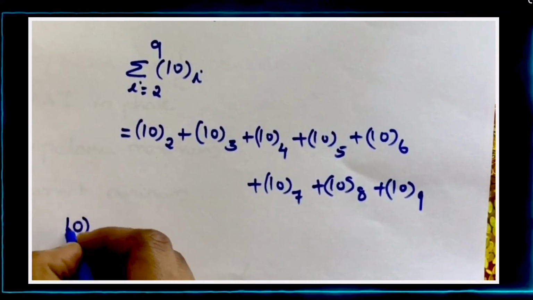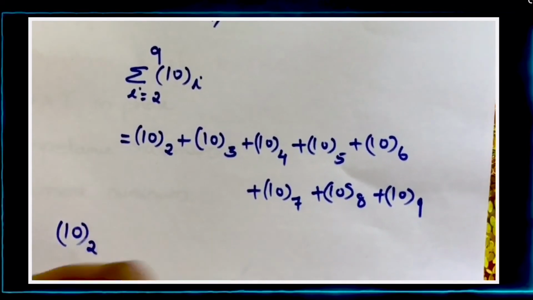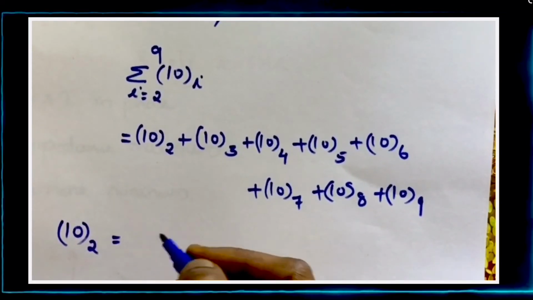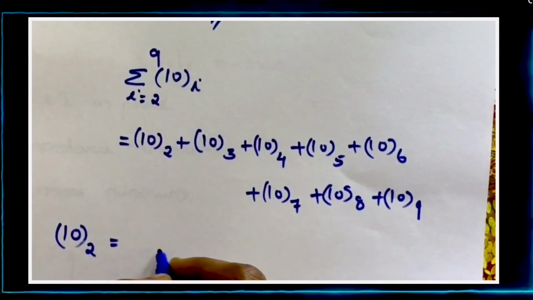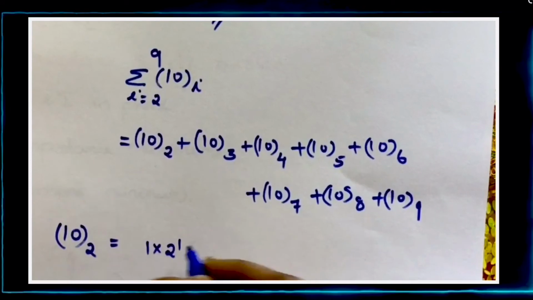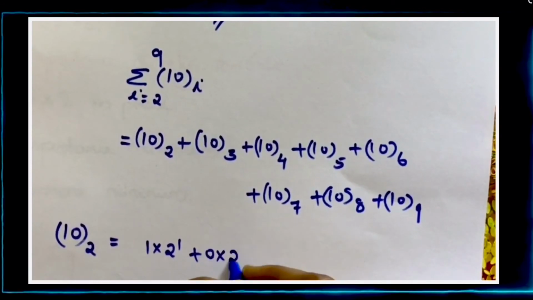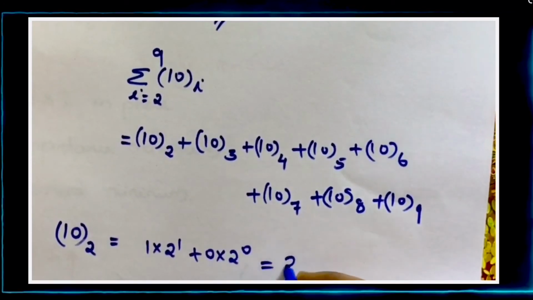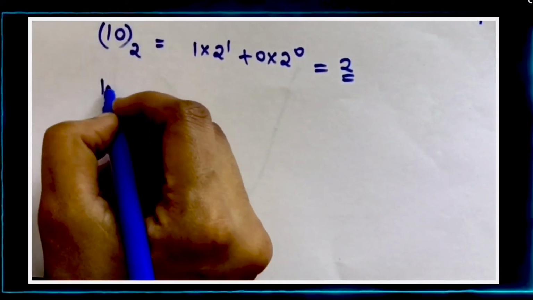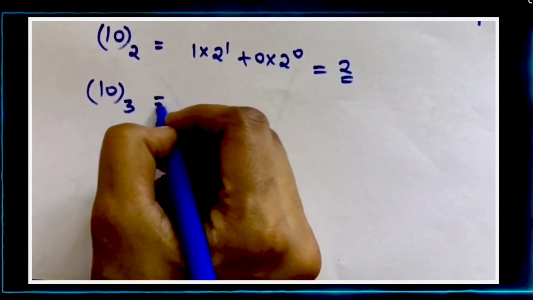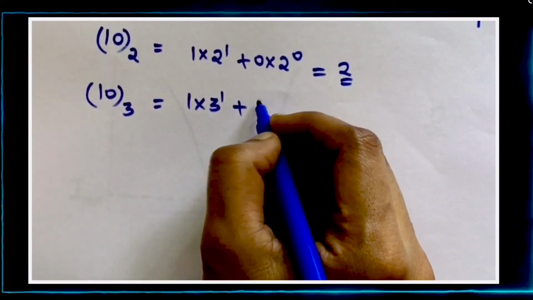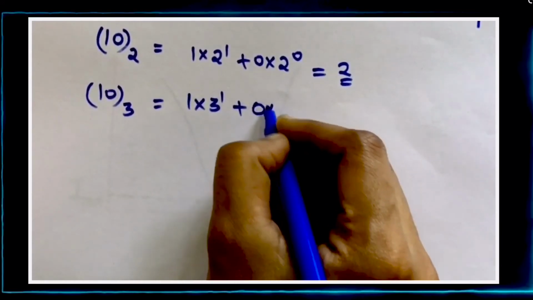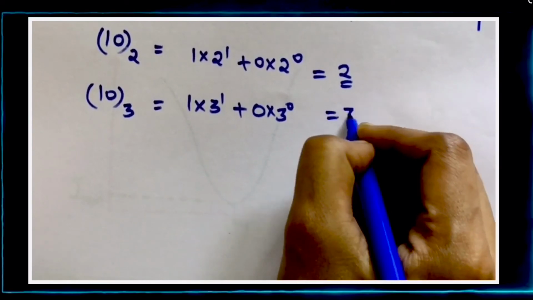Let us first focus on 10 base 2. Since it is a binary, the place values are 2 raised to 0 and 2 raised to 1. Hence the decimal equivalent becomes 1 into 2 raised to 1 plus 0 into 2 raised to 0. That is equal to 2. Similarly, 10 base 3 can be written as 1 into 3 raised to 1 plus 0 into 3 raised to 0. That is equal to 3.